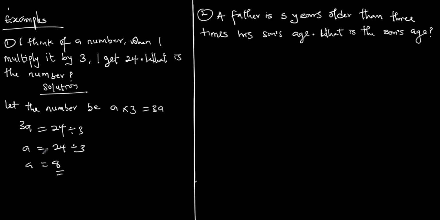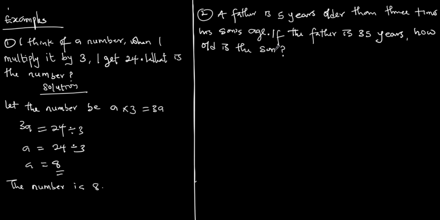Because the question was given in word, you have to leave your answer also in word. The question says, what is the number? So you respond by saying, the number is 8.